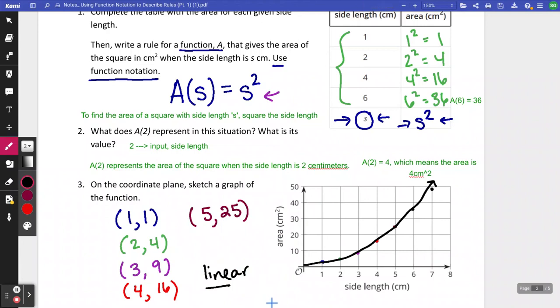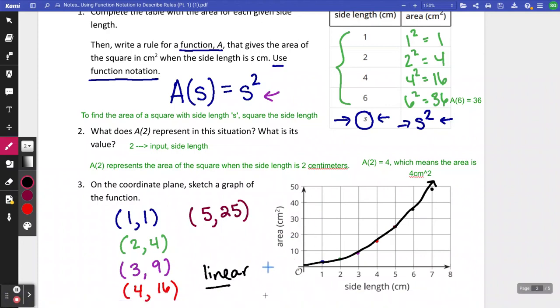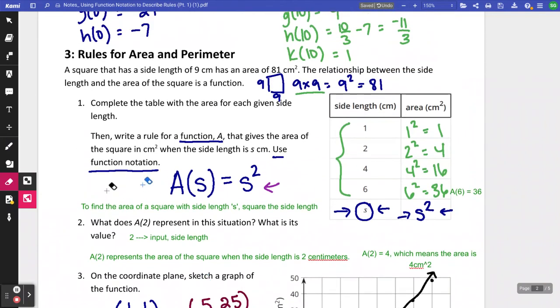This is something else. So a preview of what we're going to be talking about in later units in this class is going to be functions that look like this. These aren't linear functions. They're a different type of function that is in your future. So this one right here, this is an example of us describing this relationship about area using function notation.